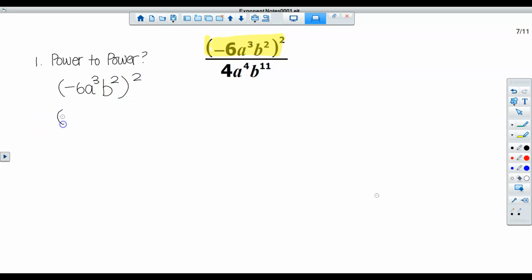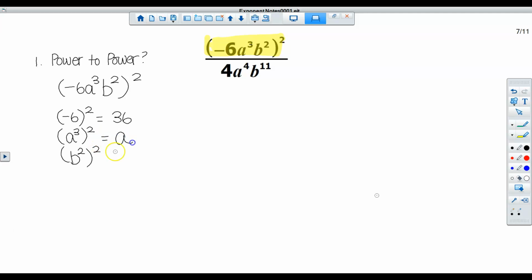So I'm going to take my coefficient of -6 and square it. I'm going to take a to the third and square it. And I'm going to take b to the second and square it. So -6 squared, if I do that on my calculator, will give me a positive 36. Don't forget to use your parentheses.